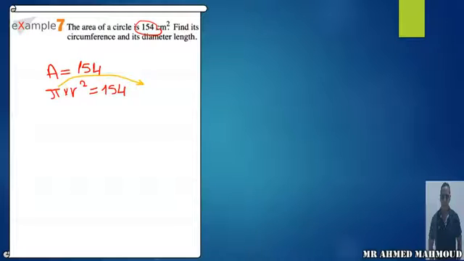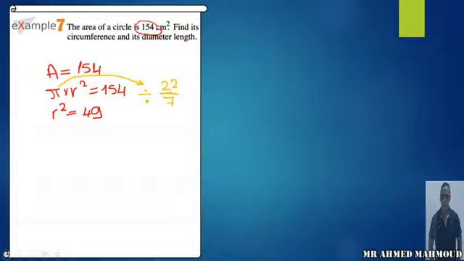Okay, the first step, I'm going to send pi to the other side as a divide. But here it's up to us. Okay, we can use pi 22/7 or 3.14. I will use 22/7. Then r power of 2 here equal 49 centimeter square.